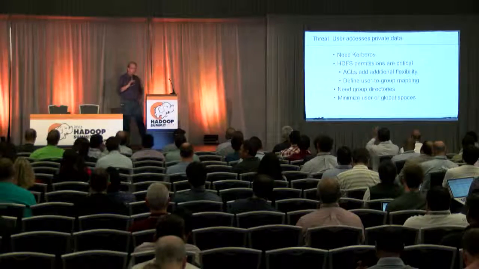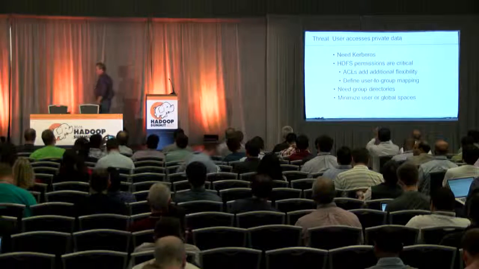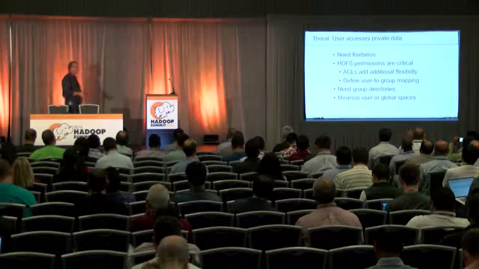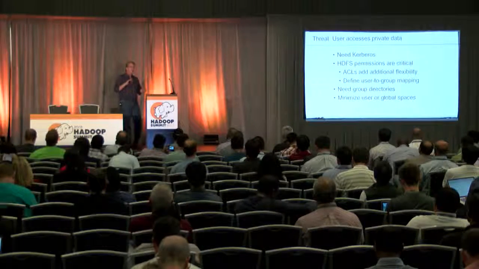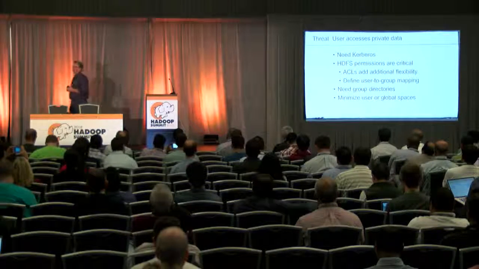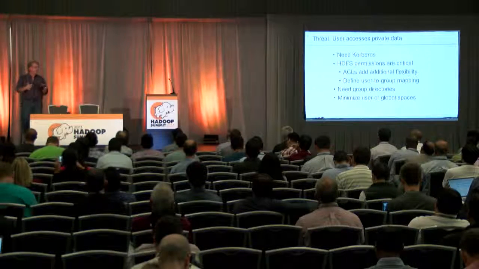Okay, so the next level, the user has access to your cluster, but you want to protect against private data. There's a group at Yahoo that's called the Paranoids. You can figure out exactly what they do, is they try to figure out attacks. We were using Hadoop, everything was fine.